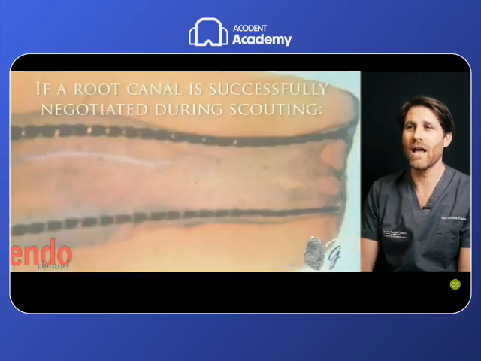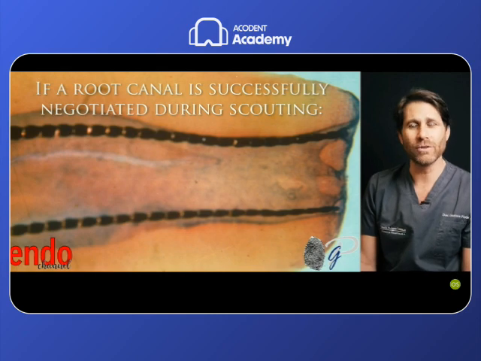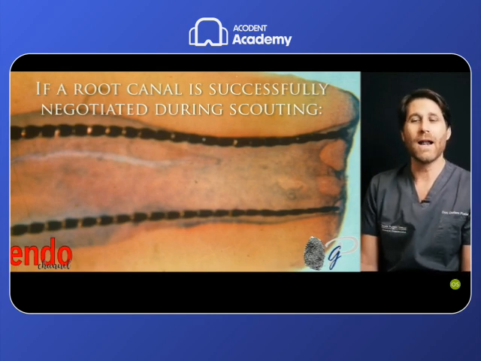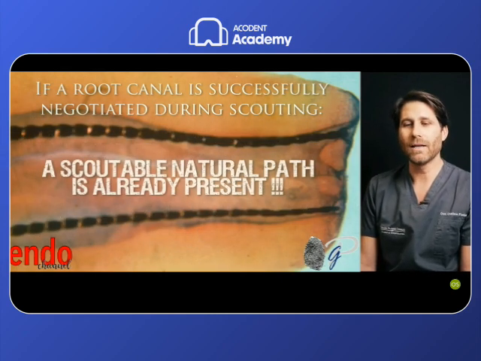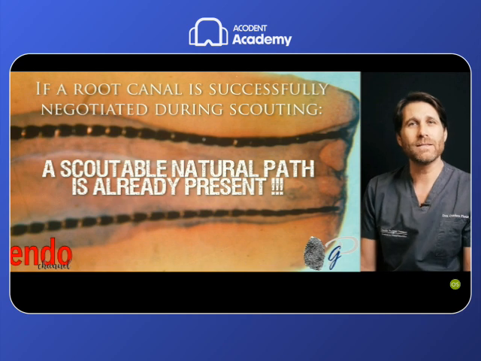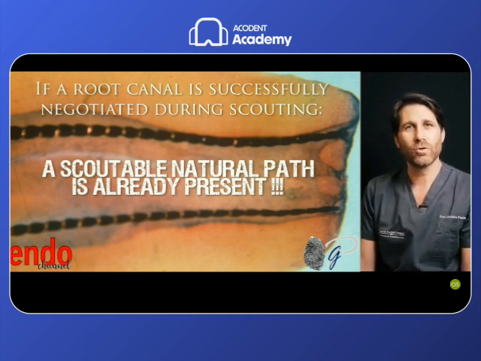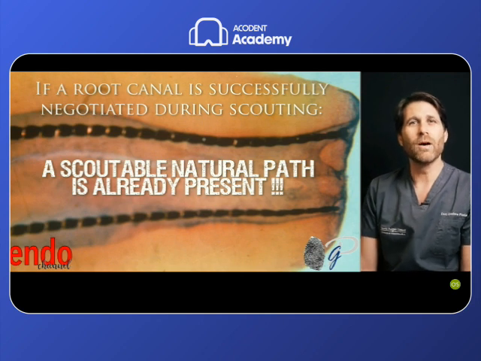And if a root canal is successfully negotiated during the scouting, we can affirm that a natural scoutable glide path is already present. As we have defined, the natural path is the presence of a space from the apical foramen to the coronal portion of the tooth given by the presence of the neurovascular bundle.